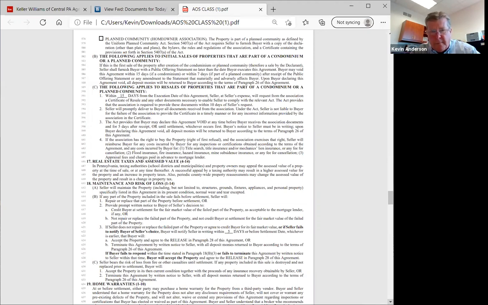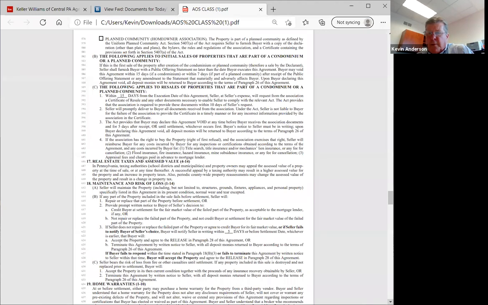So what paragraph is it here? Or the seller has the right to make repairs. If any of the part of the property, including the sale, fails before settlement, okay, they can repair it. Oh, seller bears the risk. It's paragraph C. Seller bears the risk of loss from fire or other casualties until settlement.